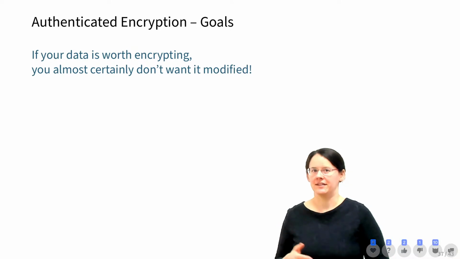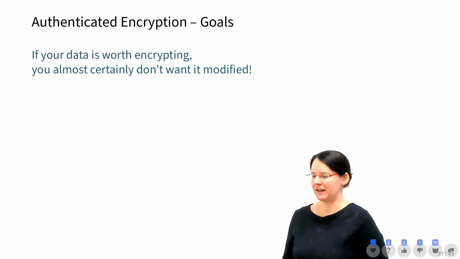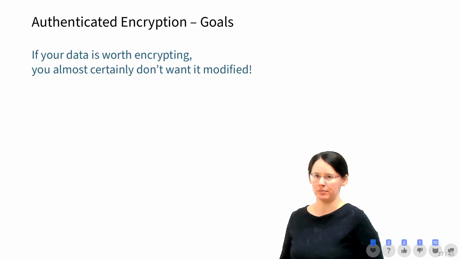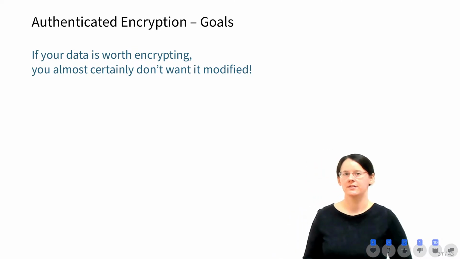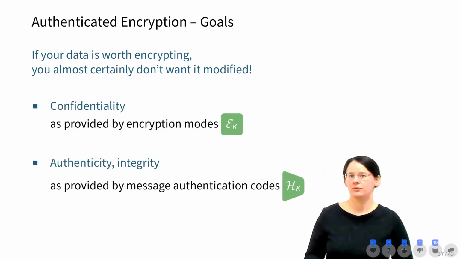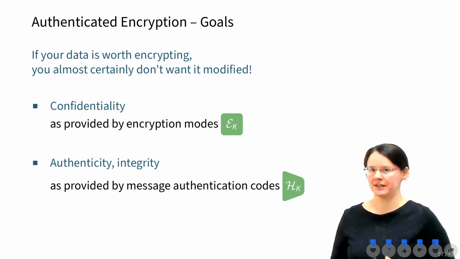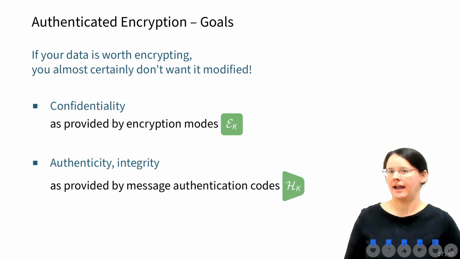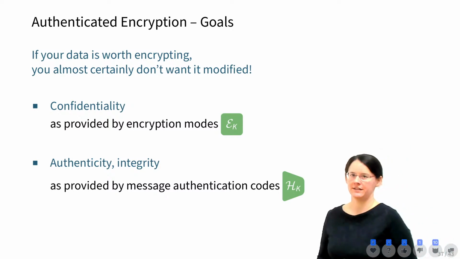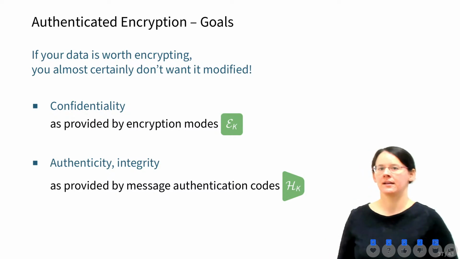That by itself should actually be reason enough to combine both mechanisms and satisfy both security goals, where these two goals are confidentiality as provided by encryption schemes or by encryption modes, and authenticity plus integrity as provided by message authentication codes.